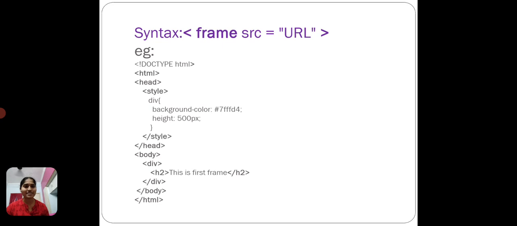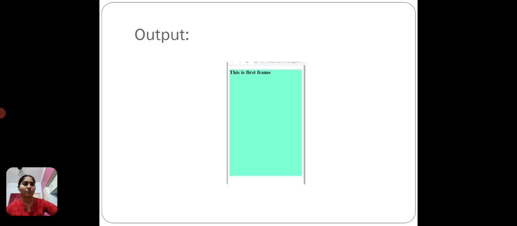We are giving internal CSS here, and we close the head and body, and this is the first frame. We are using the div tag in order to create the frame here, and the output is shown like this. We can observe the output like this if we write the code in that way.